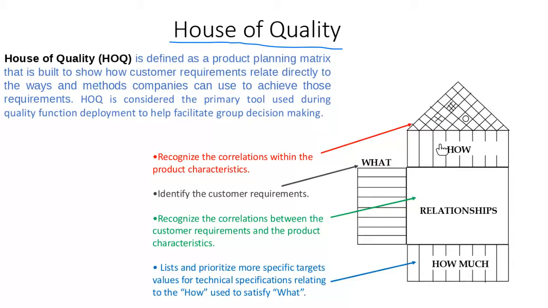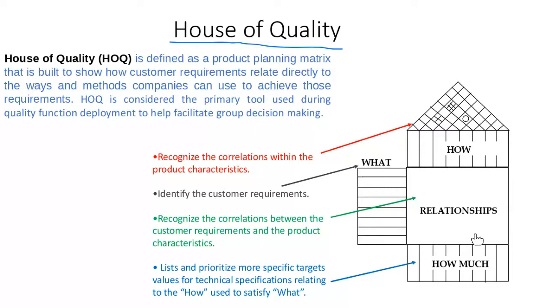If there is any correlation between them, if one of those specifications increases, the other will also increase. So this is about the technical specification correlation. These are the technical specifications, which we call the how, and the how means how we achieve the requirements set by the customer.